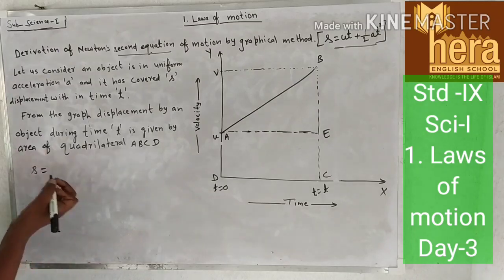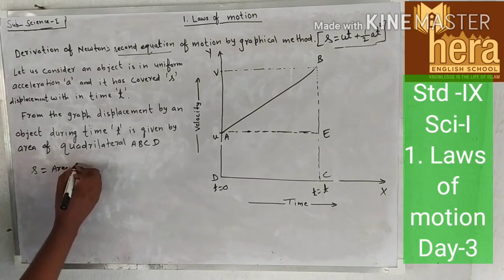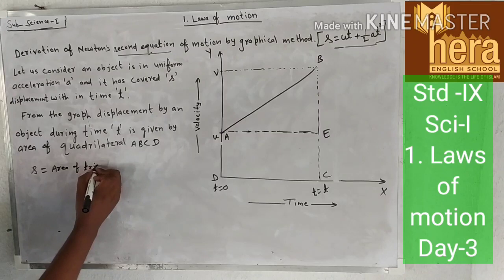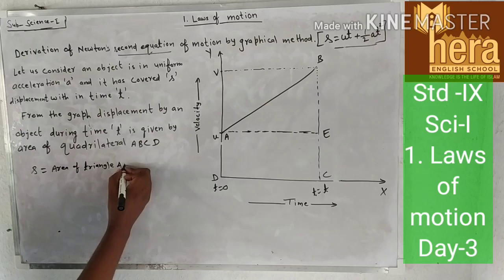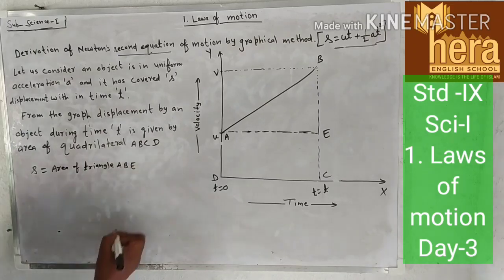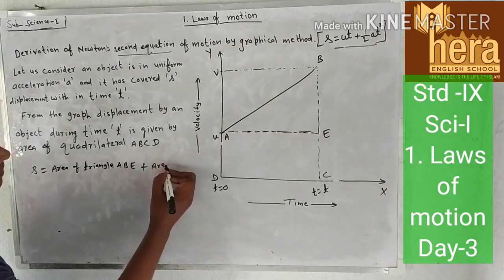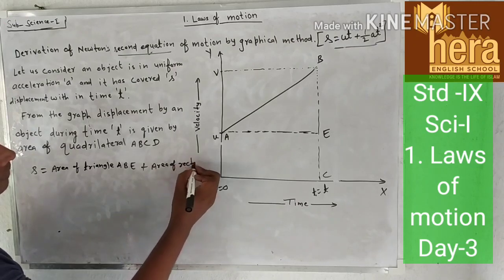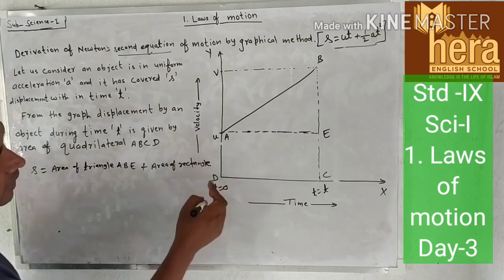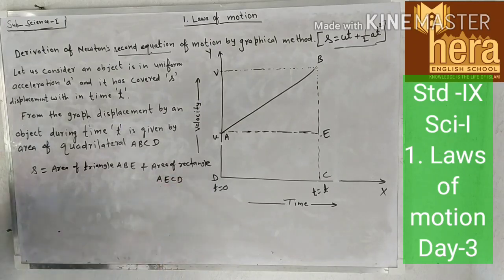S is equal to the area of triangle ABE plus the area of rectangle AECD.